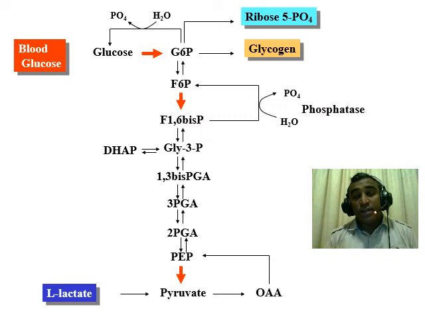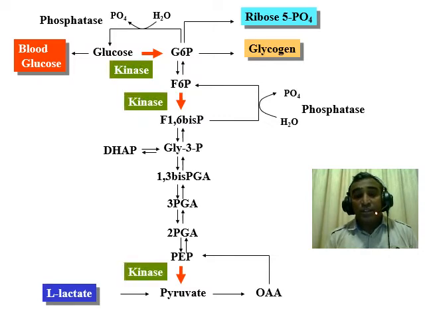The enzymes relevant to bypass are known as phosphatases, because they remove phosphate. You also need to understand that three kinases are the ones that are relevant for the irreversible steps, that is hexokinase, phosphofructokinase, and also pyruvate kinase.